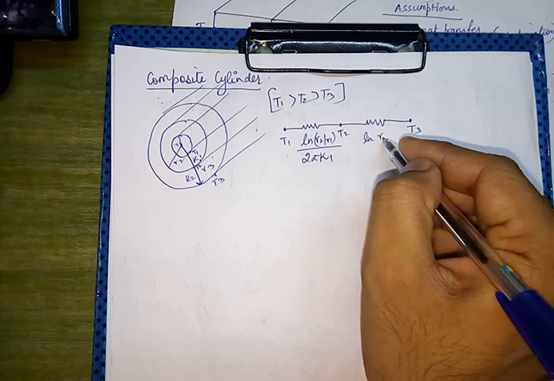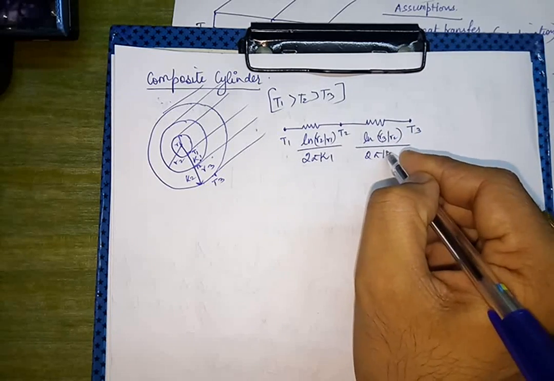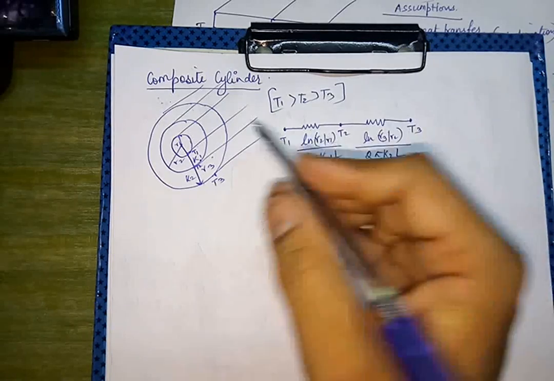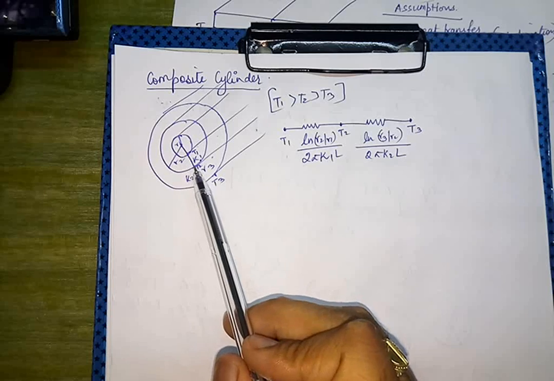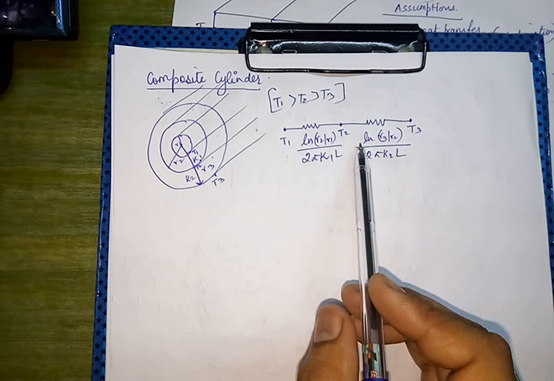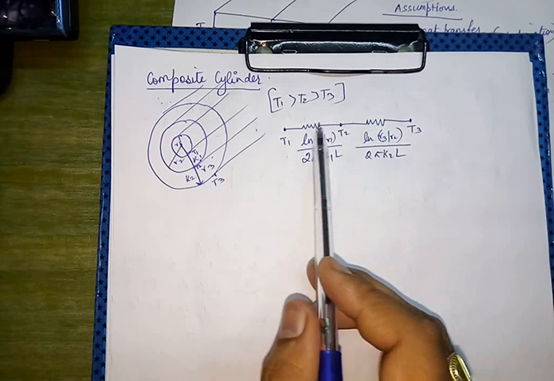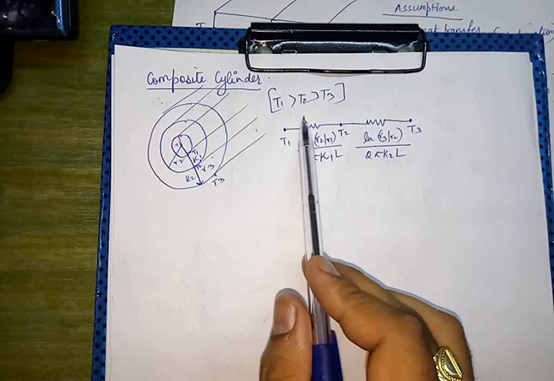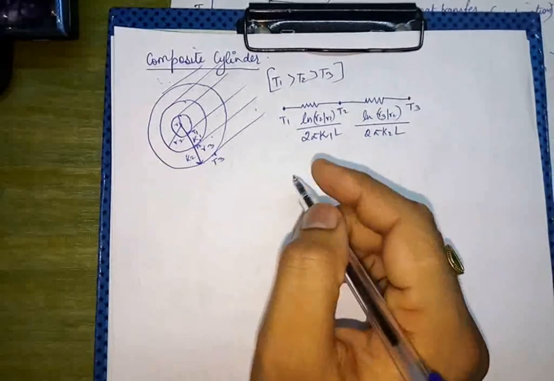Now ln r3 over r2 whole upon 2 pi K2L. L will be the length of the cylinder. While moving from point 1 to point 2 we have ln r2 over r1, and when we move from point 2 to 3 we have r3 upon r2. So this is the total resistance in case of the cylindrical case that we have obtained here.